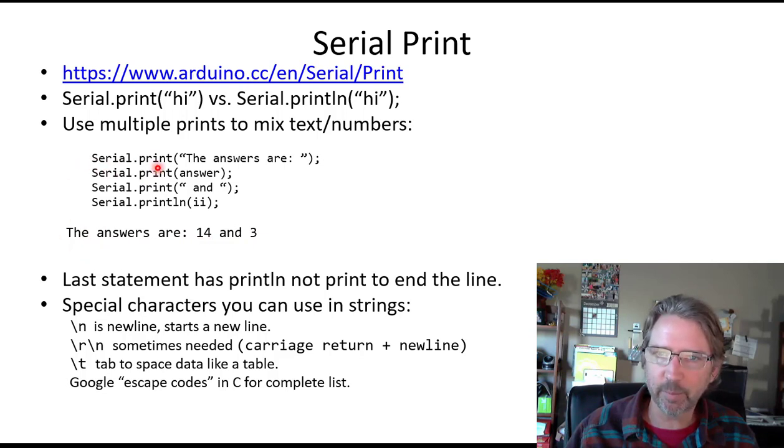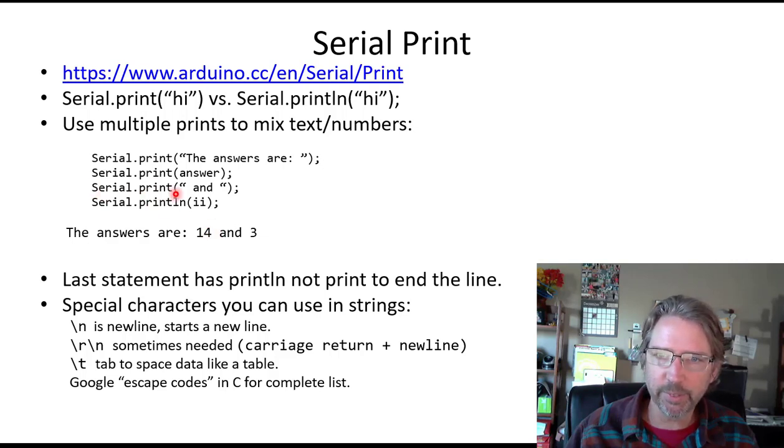So Serial.print, the answers are colon space, prints out this part, and then the next print, because this is serial print and not print line, the next thing is going to come right here on the same line. So answer is a variable which must have 14 in it because the Arduino then prints out 14. And then the next thing is going to come right after the 4.